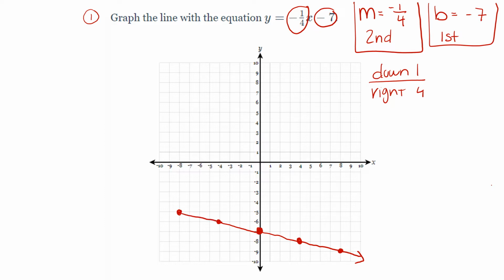I can't go any farther because if I go up 1 and over 4, it would take me off the graph. So we can just extend our line all the way across. Always make sure that your line goes across the graph.